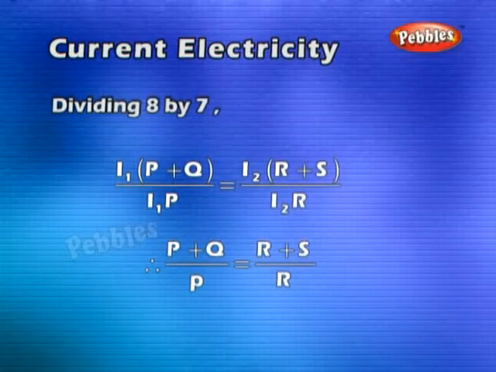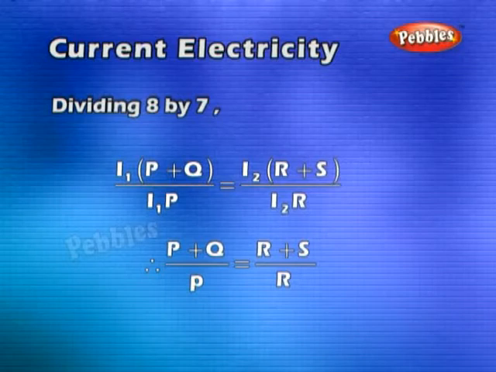Dividing 8 by 7, I1 (P plus Q) divided by I1P equals I2 (R plus S) divided by I2R.